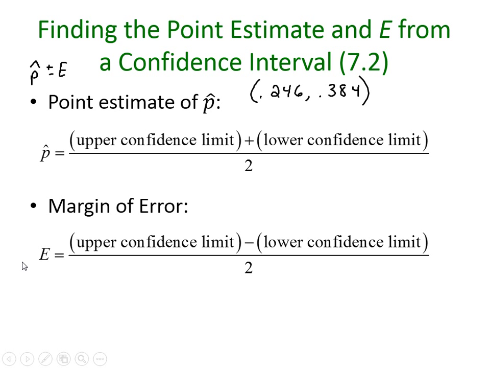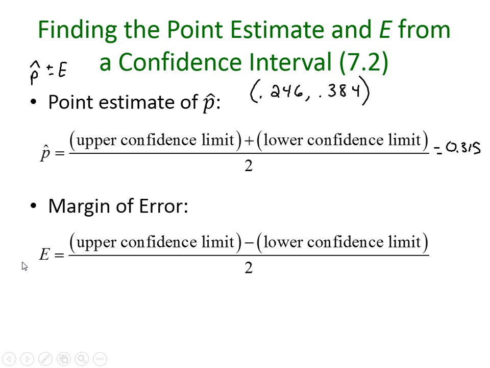How do I find smack dab in the middle? Add them and divide by 2. If I added those two numbers up and divided by 2, I end up getting 0.315.